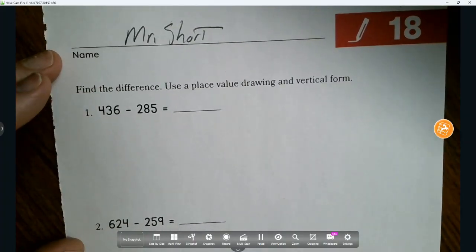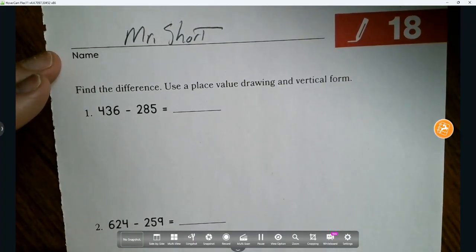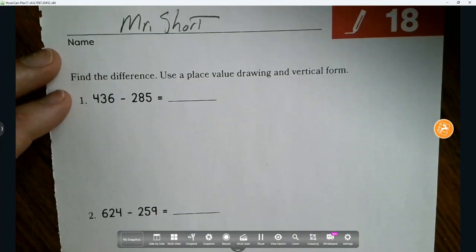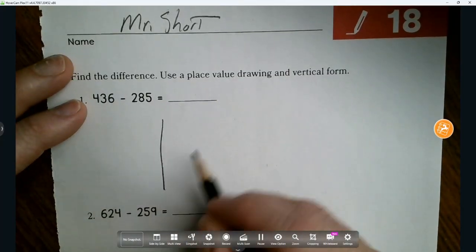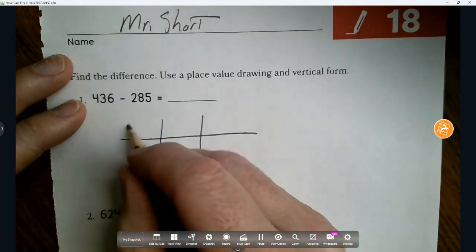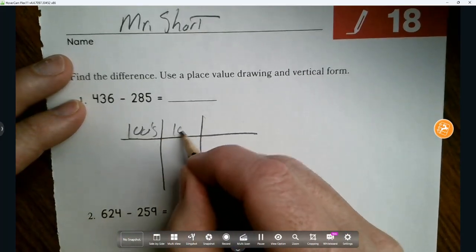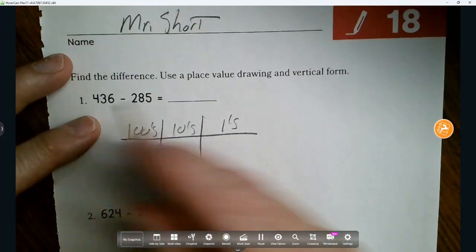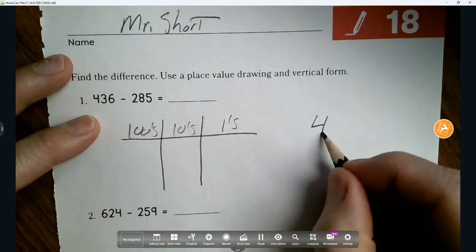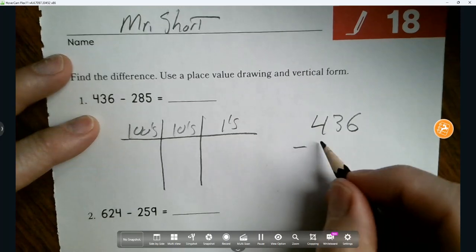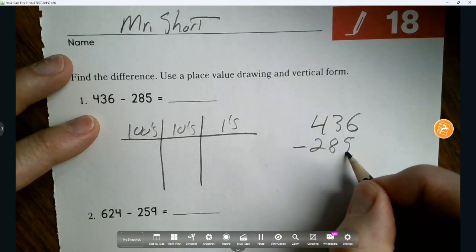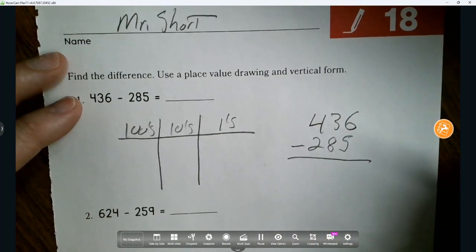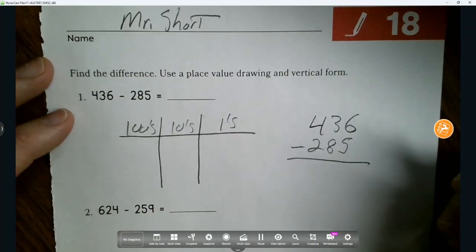All right, I will do the first one with you, and then you will be on your own to do the rest. So let's draw that place value chart. Hundreds, tens, ones. It's the way that I learned, most of your parents learned, and grandparents, if they're helping. All right, let's compare the two.